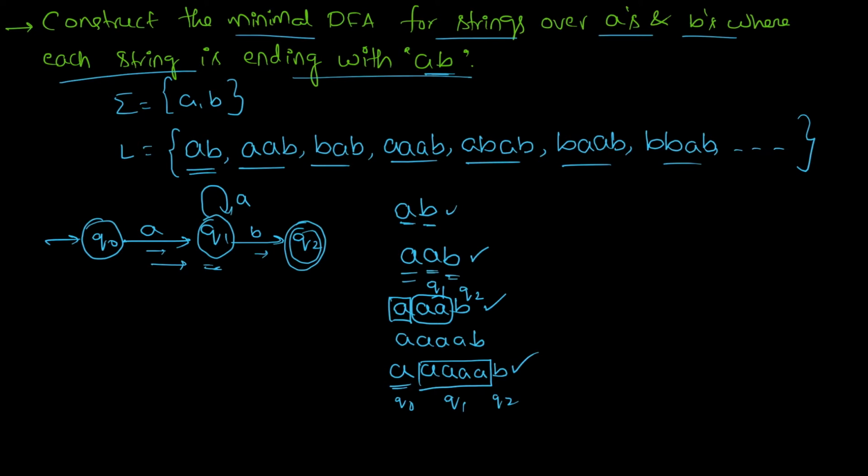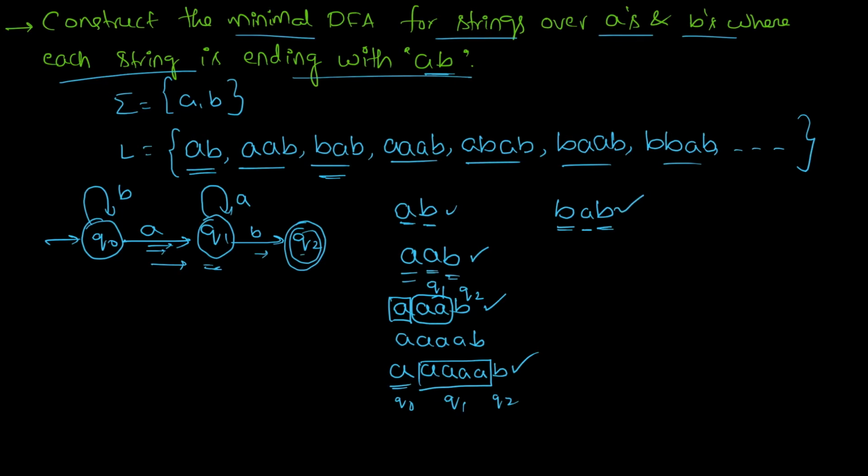Now let's consider BAB. String BAB. On seeing B, from state Q0, I will be in this state only. And on seeing A, from Q0, I will go to Q1. From Q1, on seeing B, I will go to Q2 and accept this string.